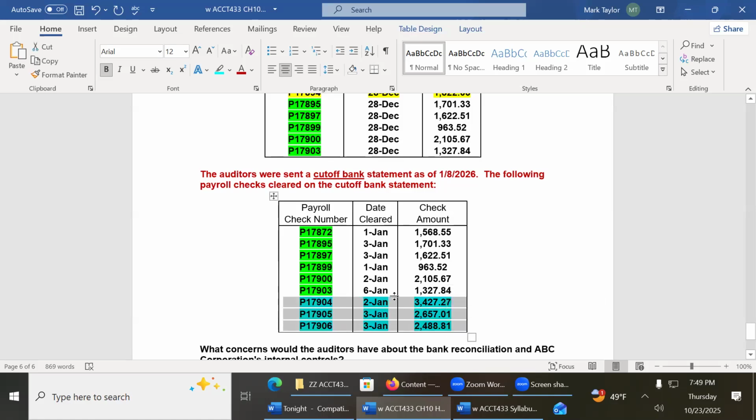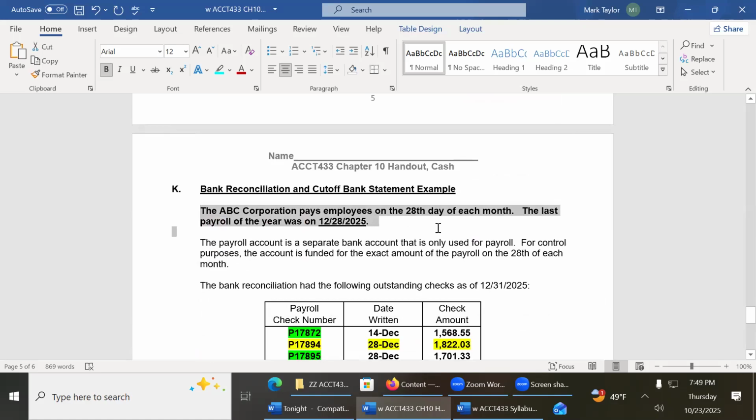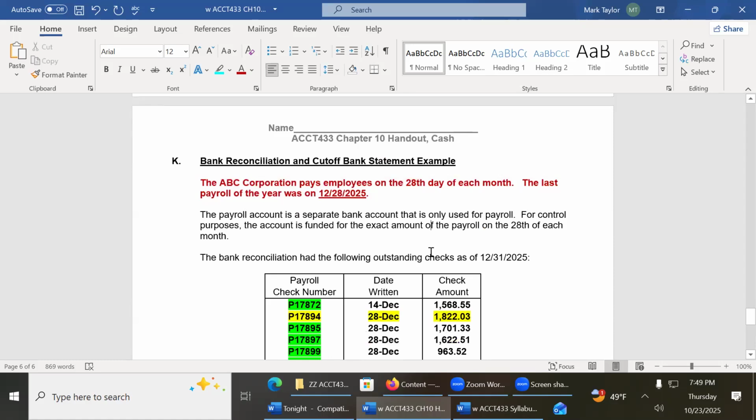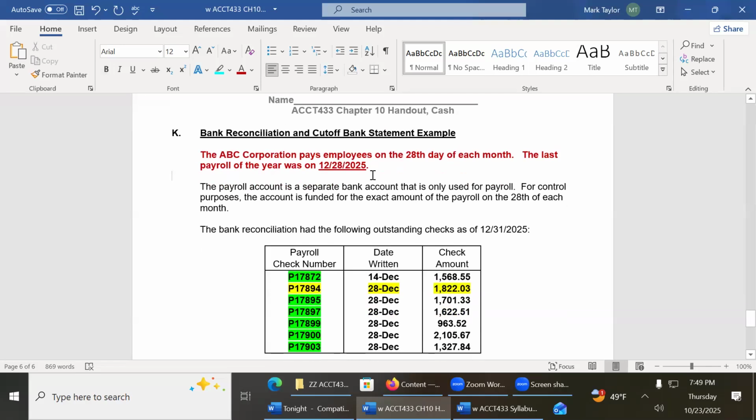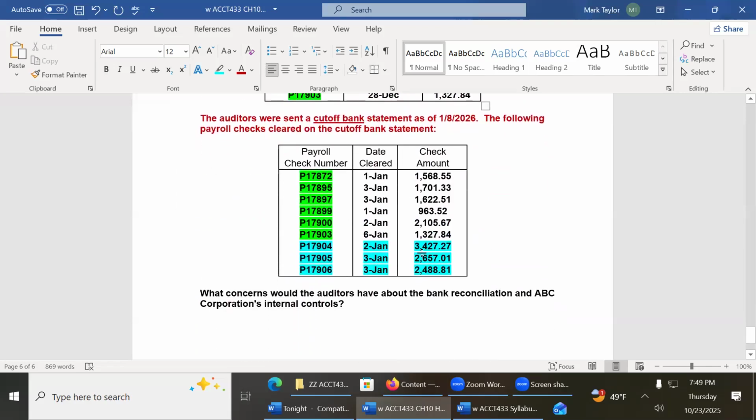Not only that, we have this. They pay employees on the 28th day of each month. Last payroll is on, but there's no way that these were written on January 28th because they cleared on January 2nd and 3rd.